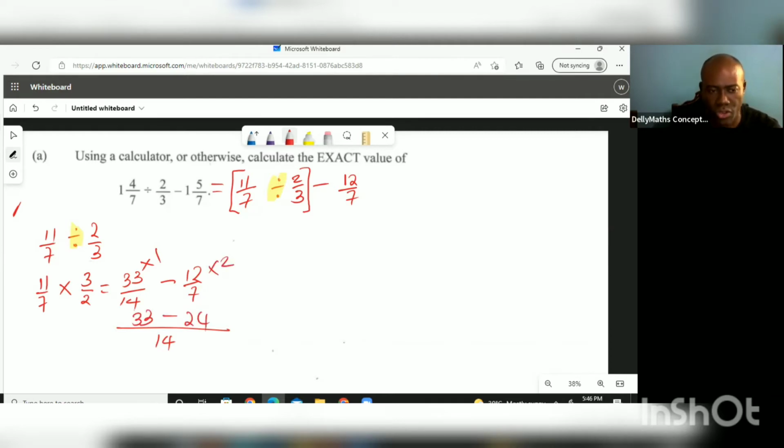So if we subtract these two, what we're getting here is 11 from that, we get 9 over 14.